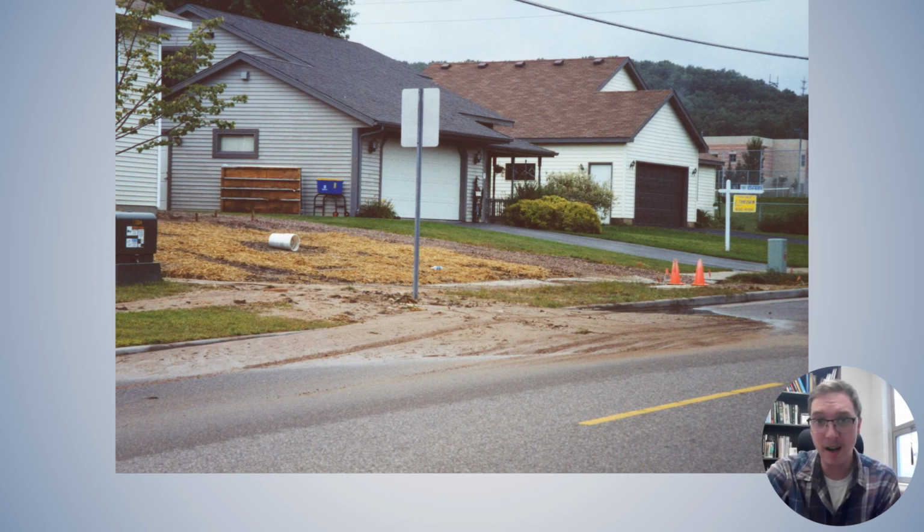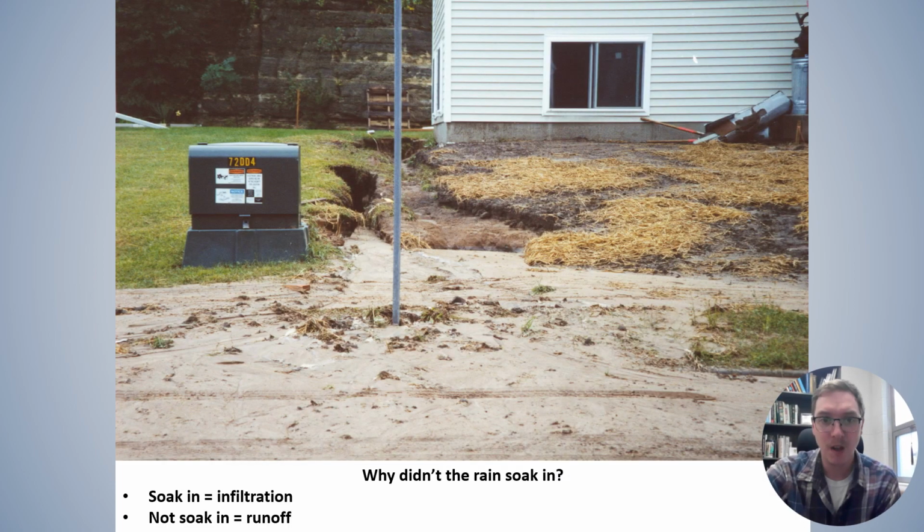A little bit closer look at it here. So why didn't the rain soak in? When we say soak in, we mean infiltrate. Not soak in means water is running off. We'll learn a little bit more about those terms on the next slide here. There's a number of different factors that could have led to it not soaking in.